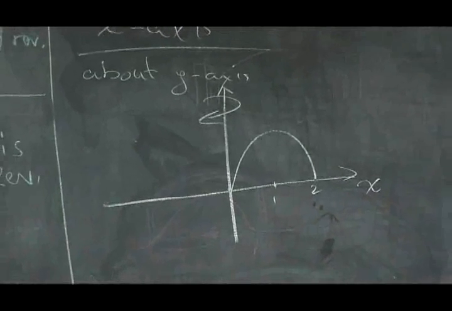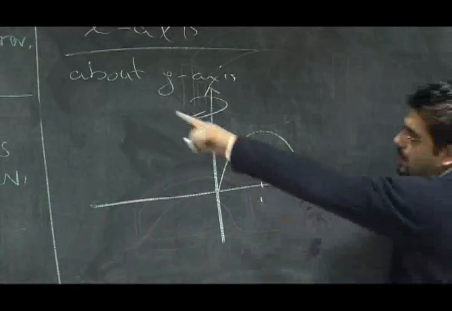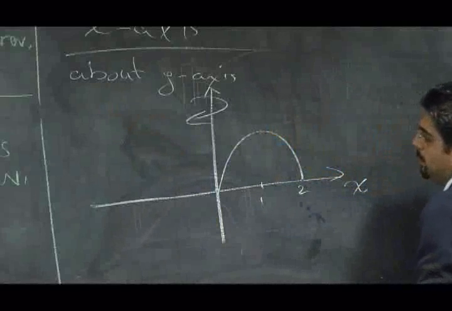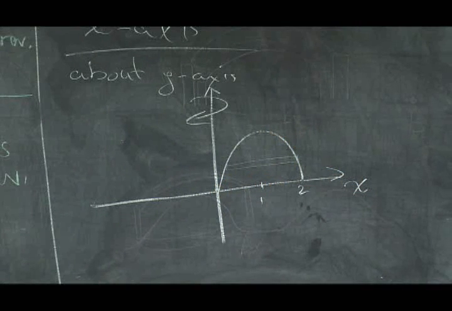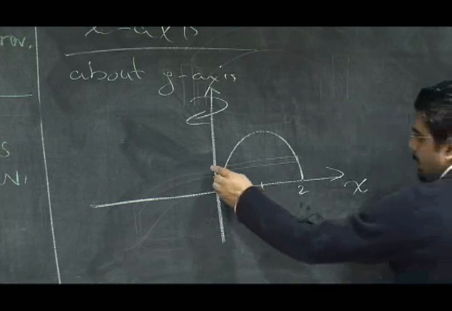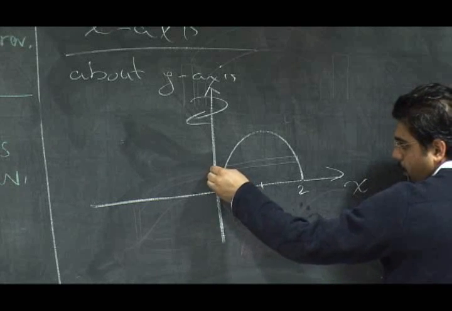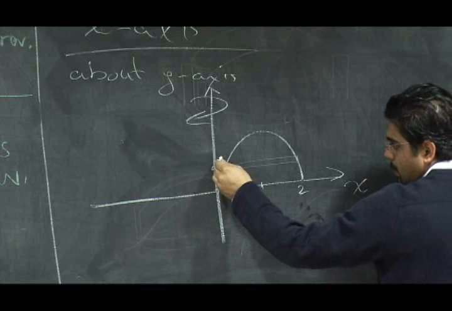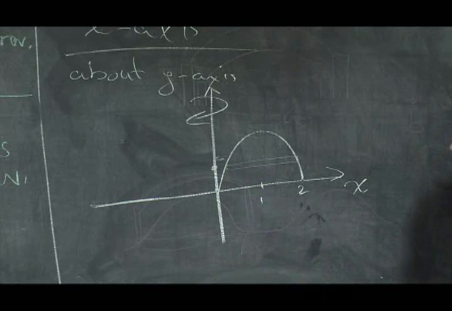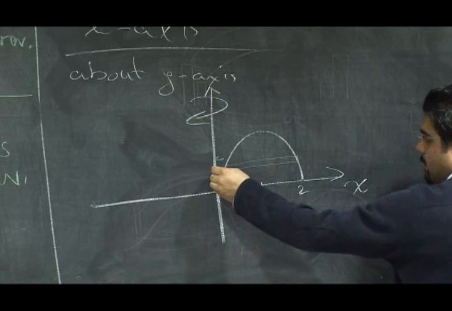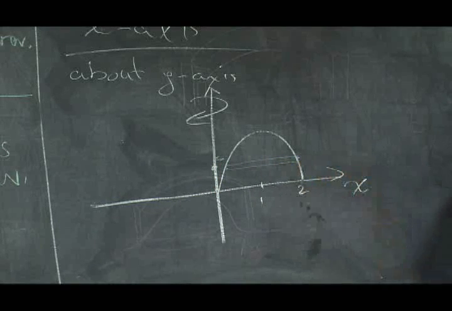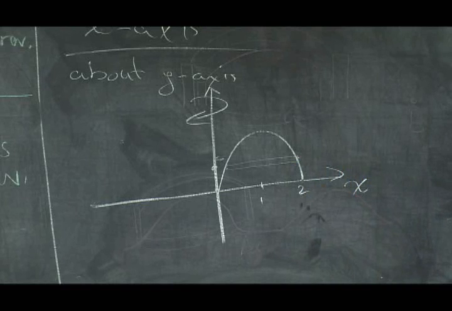So again, if I were to use the disk washer method, I would have to draw rectangles like this so they could span out a washer, right? But to get the inner radius, I have to measure from here to here. That's a measure in x. And the outer radius is this point to this point, and that's a measure in x as well.